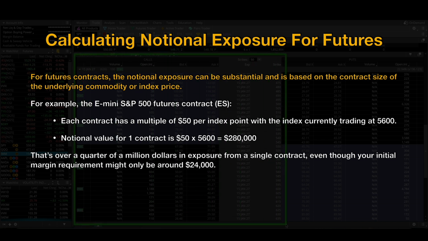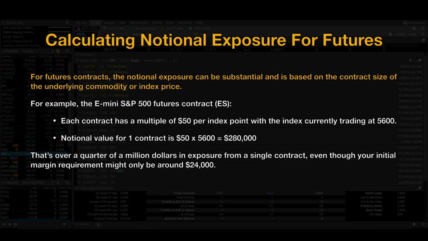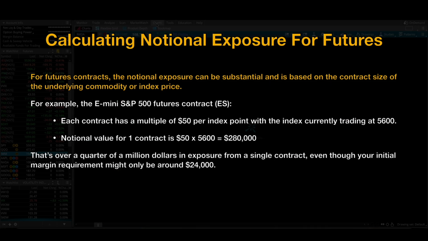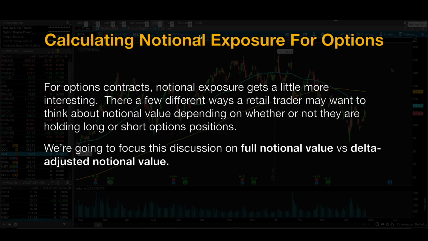So the notional value for one contract is calculated by taking 50 times 5,600, giving us a total value of $280,000. That's over $250,000 in exposure from a single contract, even though your initial margin requirement might only be around $24,000.